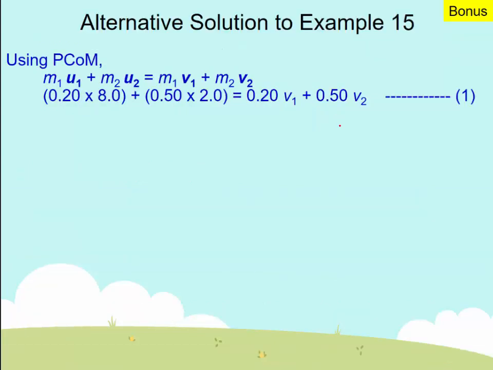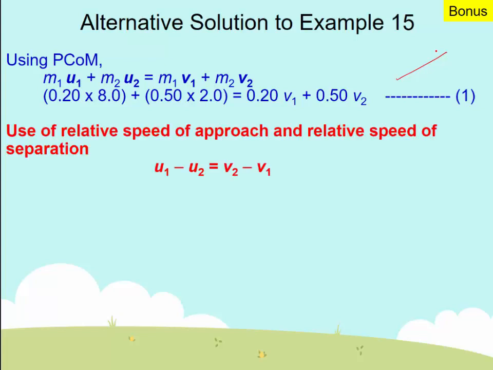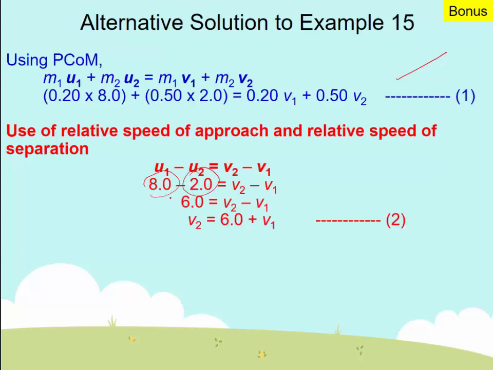Now let's look at example 15 again. We will solve using method B. What is the same is the principle of conservation of momentum. From here, we get one equation. Instead of using conservation of kinetic energy, we will use this equation. The initial speeds we have, so you can sub them in.